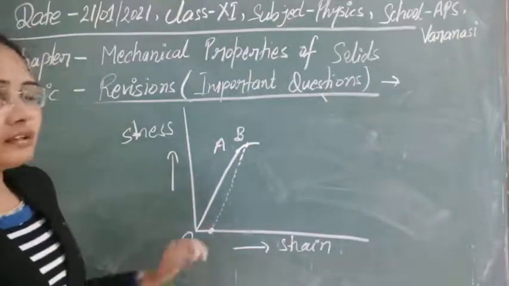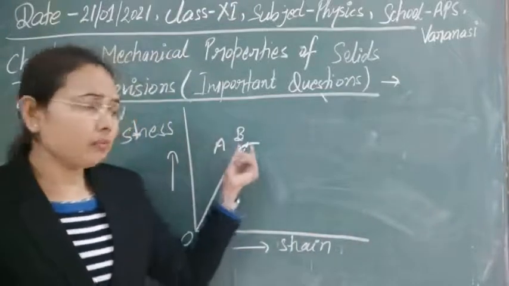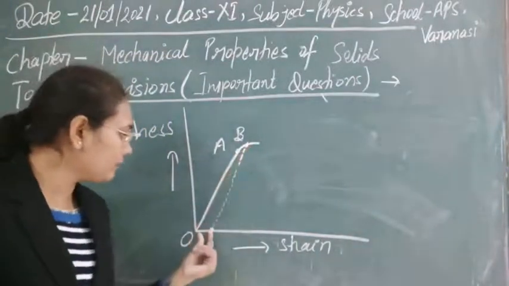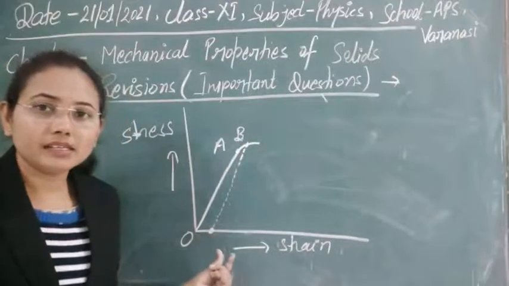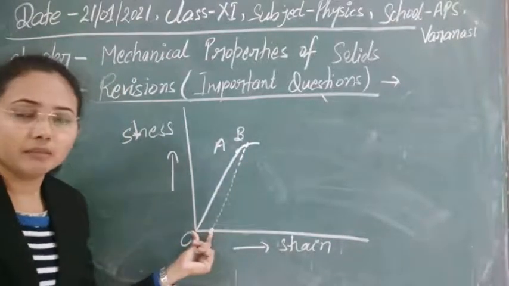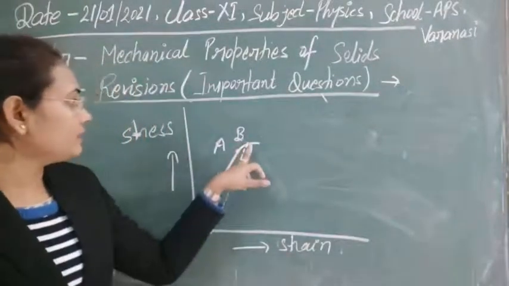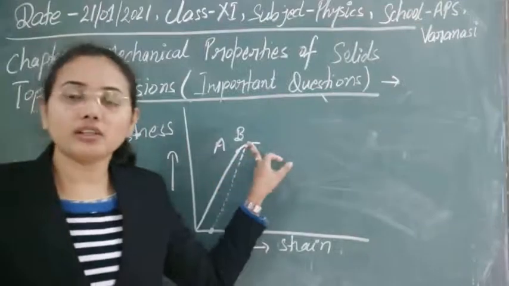It means that after a certain limit the body starts to get some deformation. Here we see that the body has permanently got some strain, meaning its length is extended somewhat when we applied this kind of stress on the system.